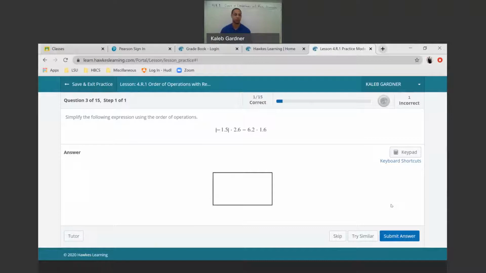All right, what in the world is going on with this question? This looks absolutely ridiculous. Here it is. The absolute value of -1.5, we talked about absolute value before, times 2.6 minus 6.2 times 1.6.